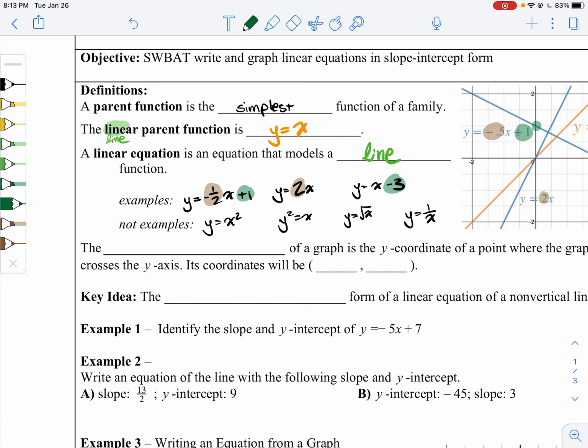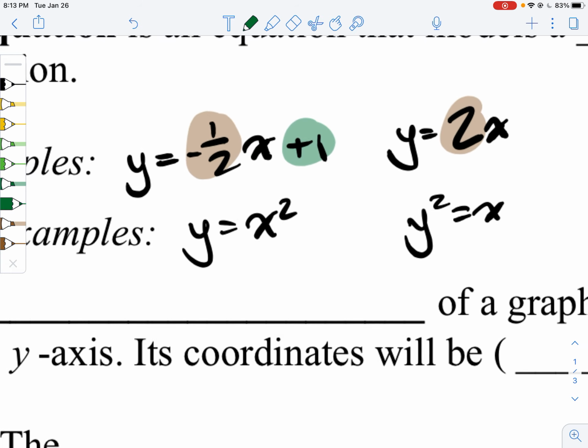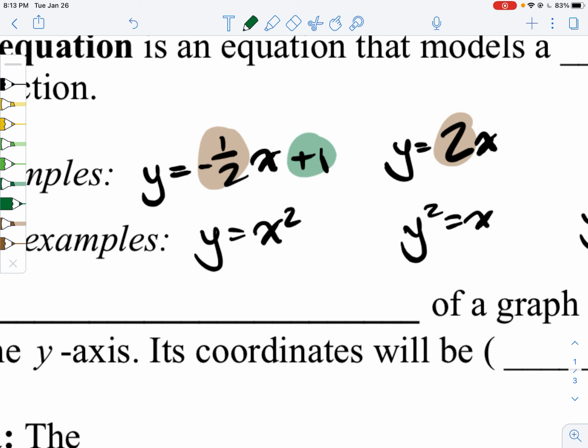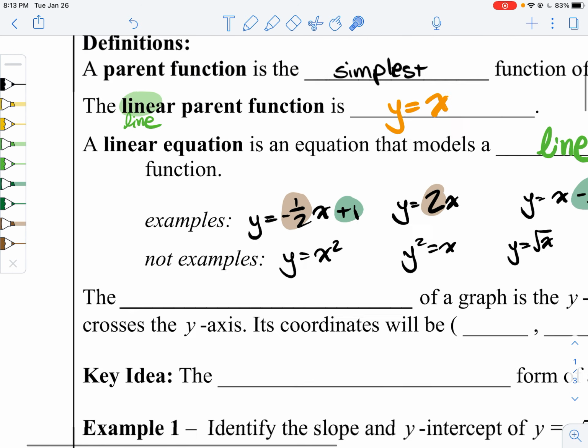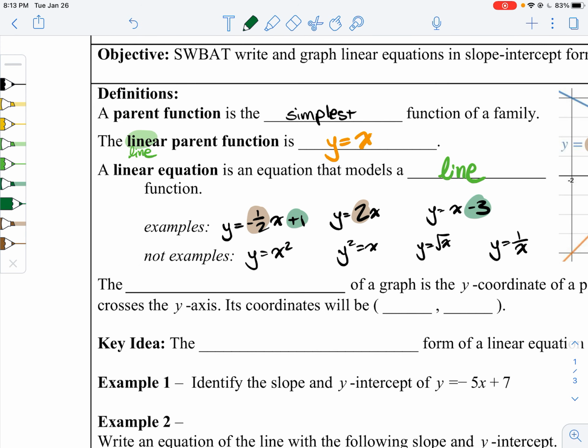Another special term that we have: we already talked about slope a little bit. We talked about rise over run when we were looking at direct variation. Your direct variation was your k right here. It tells you how high up you can go. But we didn't talk about a y-intercept yet.